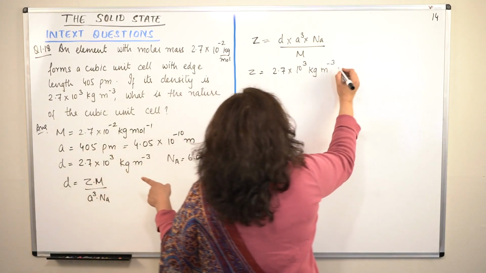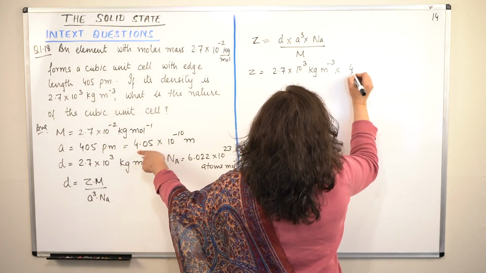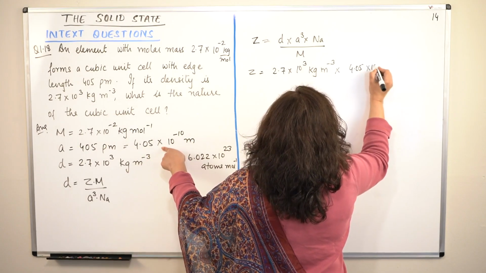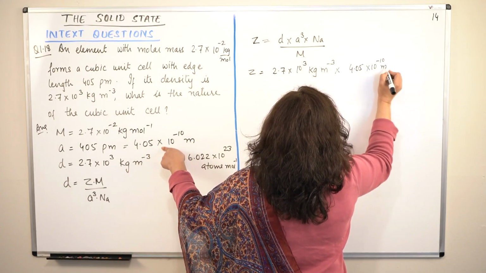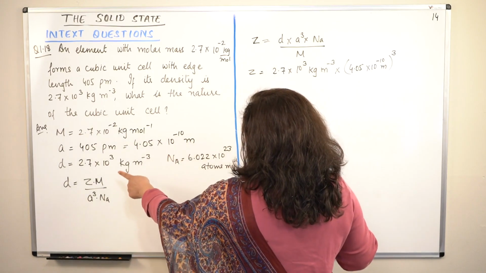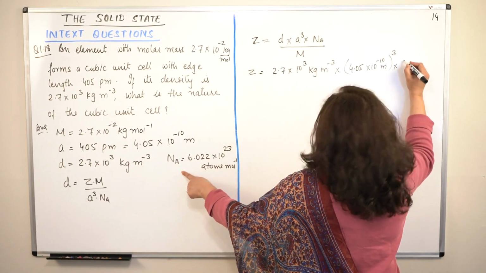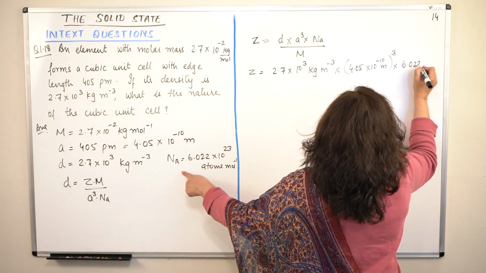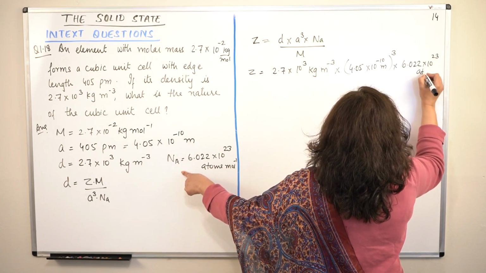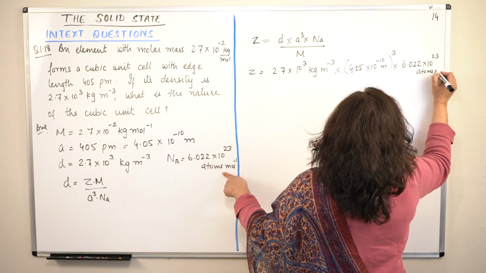Into, what is the value of A? A is 4.05 into 10 to the power minus 10 meter, whole cube. Right? Then into Na, which is 6.022 into 10 to the power 23 atoms per mole.